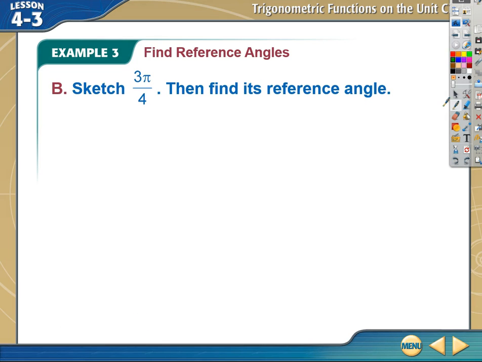Sketch 3 pi over 4 and find its reference angle. So here I am, 3 pi over 4. If you need help sketching 3 pi over 4, go grab your unit circle. See how handy it is? I know there's 1 pi over 4, 2 pi over 4, 3 pi over 4. There's 3 pi over 4 right there.